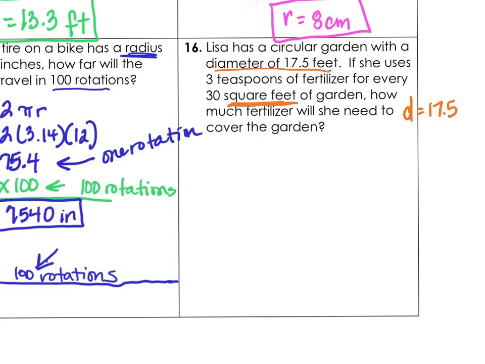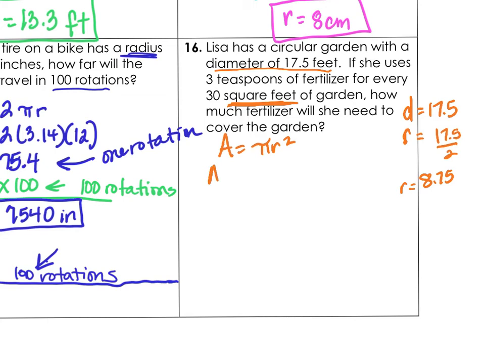First we've got to find out the area of the garden. And how do we find area? Area equals pi r squared. So I need my radius. We have the diameter, 17.5. The radius is going to be 17.5 divided by 2, which is 8.75.